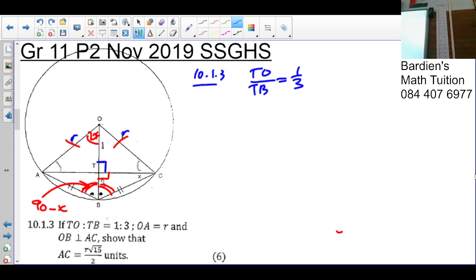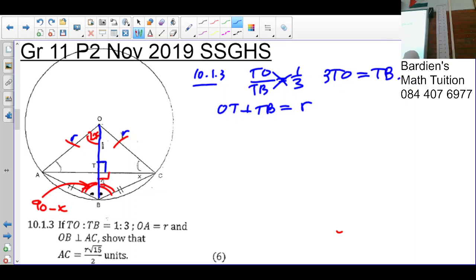What I'm overlooking all the time is that this is also R, which is your radius. Can you see that? Which means that the radius, if TO over TB is 1 over 3, then OT plus TB is equal to R. So if we cross multiply, 3 times TO is equal to TB.